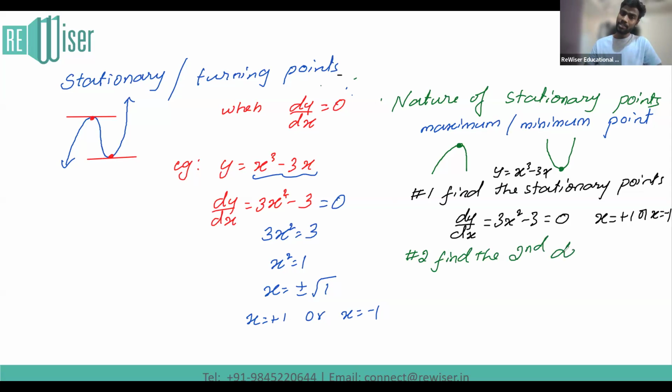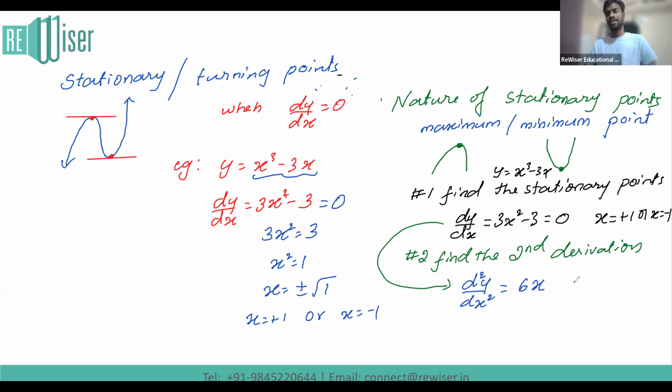Finding the second derivative means we differentiate this function one more time, so d squared y over dx squared. d squared y over dx squared is going to be the derivative of 3x squared, which is 6 times x, minus the derivative of 3, which is just 0. Once we find the second derivative, we substitute the stationary points.